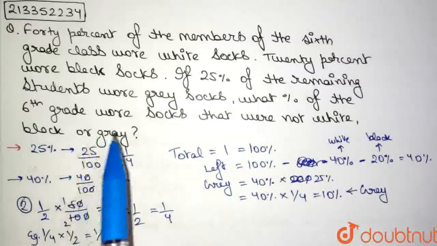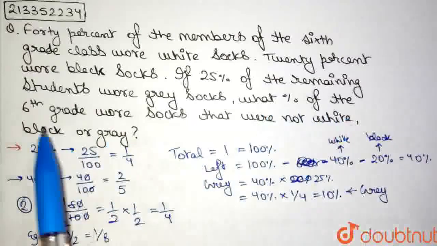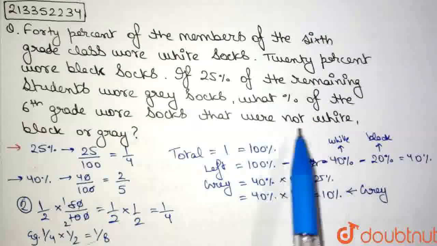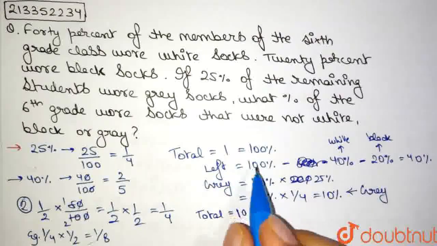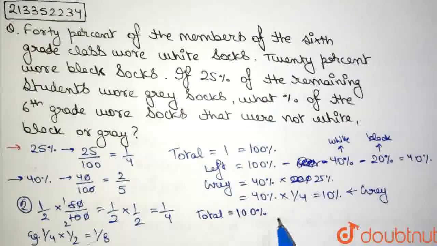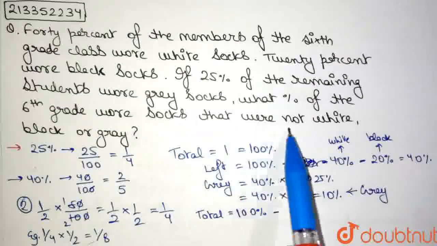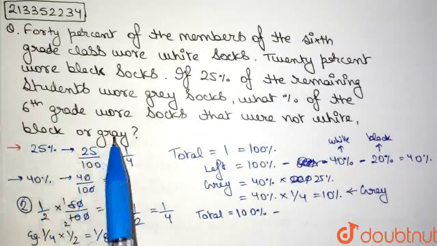Now, the question says, what percent of the 6th grade kids wore socks that were not white, black or gray? So total is 100%. It is for every case like we saw over here. Total is 1, which is 100%. From this, 40% is wearing white. So the question says, socks that were not white, black or gray.